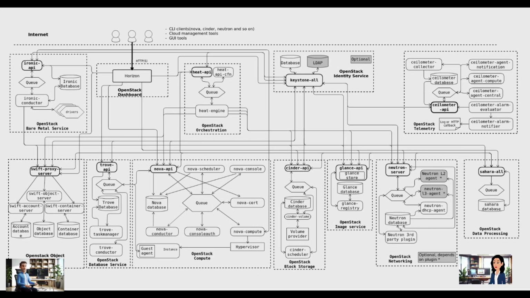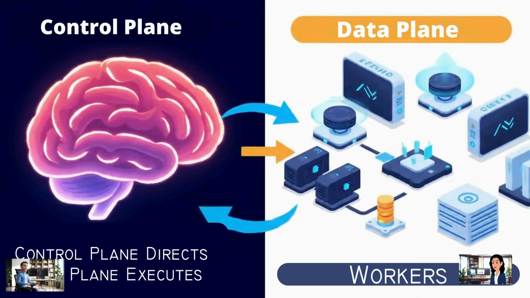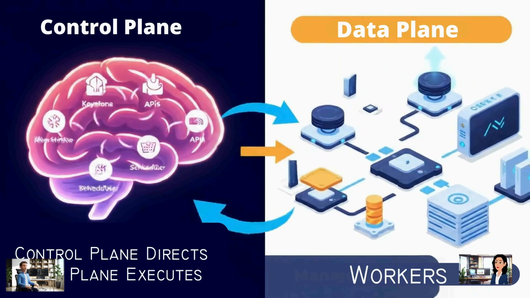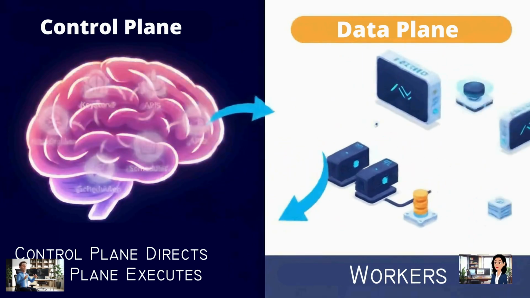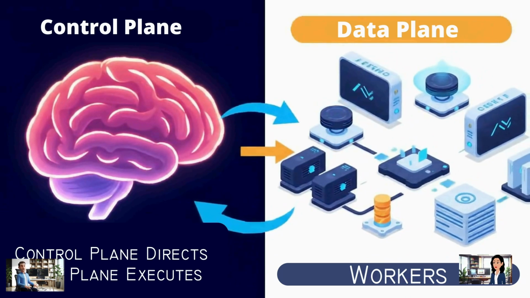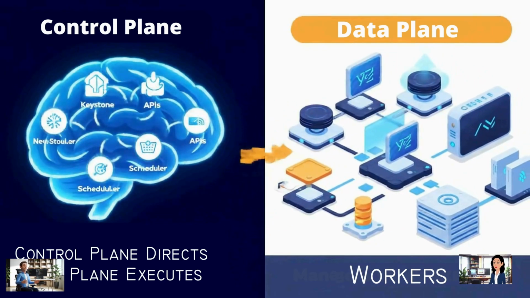Got it. And it includes the Cinder storage backends, the actual storage systems, could be Ceph, NFS, SANs, where your persistent block data is written. So control plane directs, data plane executes. That's a good way to put it. Yeah. The control plane makes the decisions based on APIs and policies, and the data plane carries out those instructions using the physical resources. Okay, that makes sense.